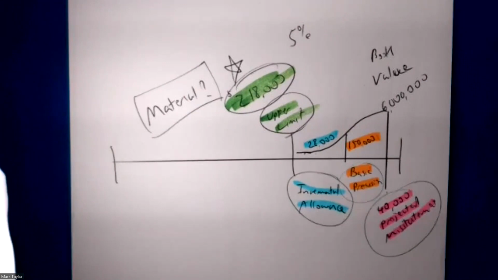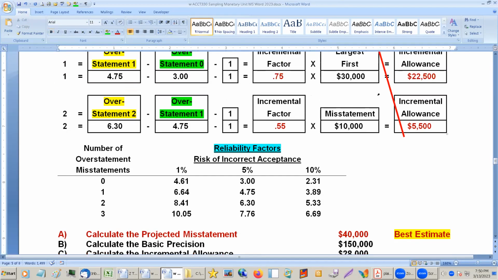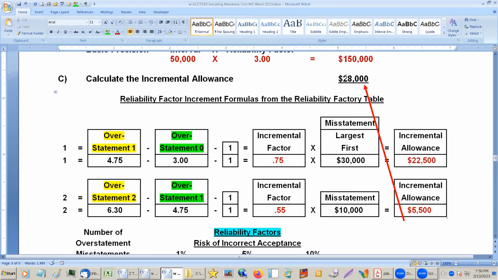I think I told you guys this, and maybe I didn't, but on the CPA exam, I don't think they've ever tested on judgment. They'll ask you to calculate the upper limit on the statements, but they will not say, is that material or not, because that's a judgment call. It's not really something you can test on.